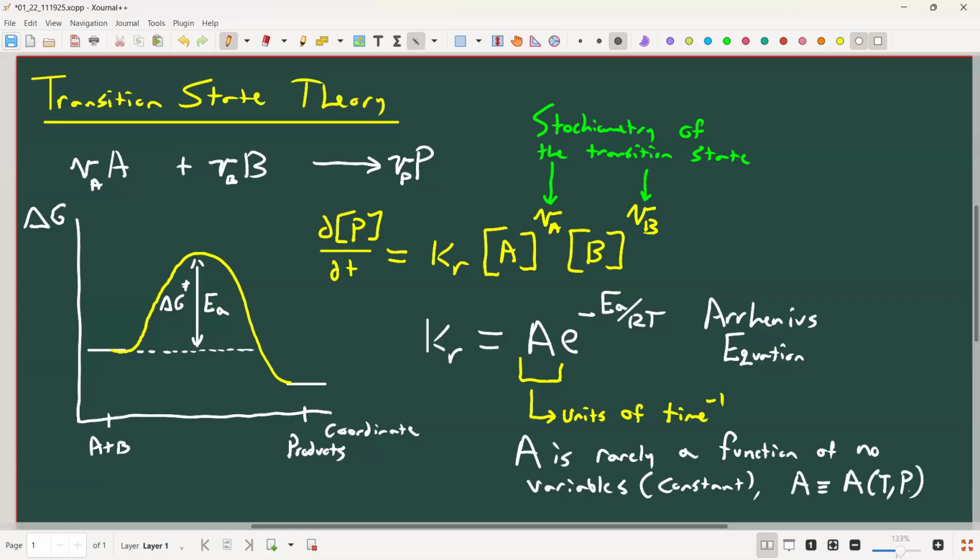And that's because A, in a collision sense, tells you how many collisions happen in a second. And the exponential factor in the Arrhenius equation tells you the probability that one collision leads to a reaction. So A tells you how many chances you get, and e to the minus Ea over RT tells you the probability of one of those chances being successful. So A has to be some function of T and P as well.